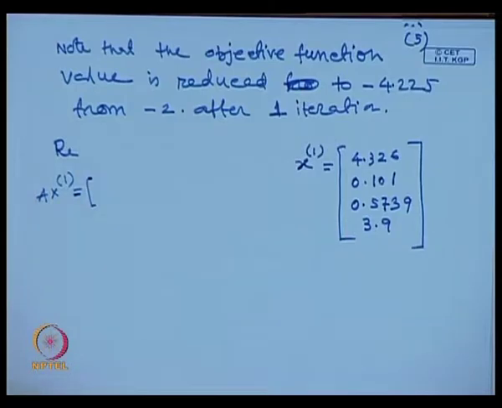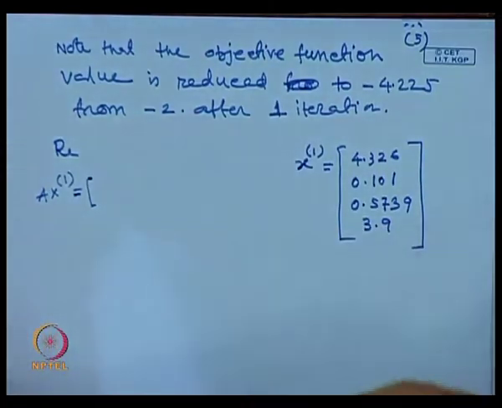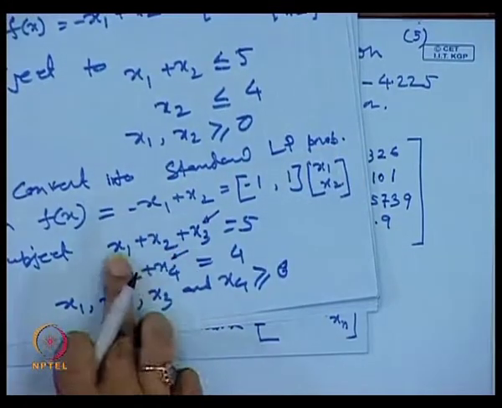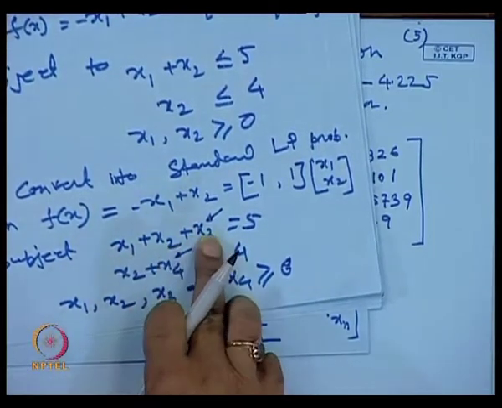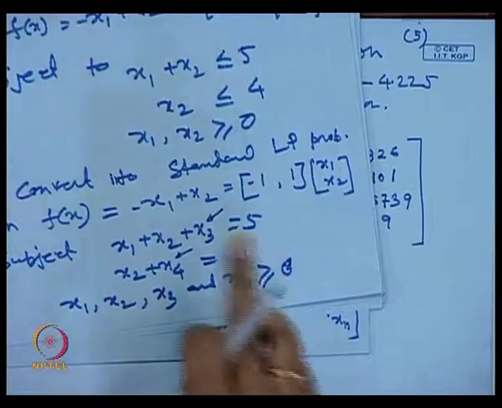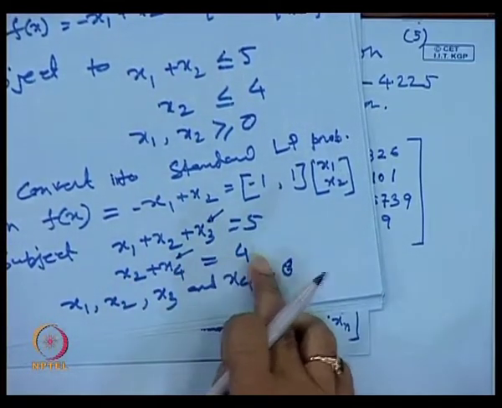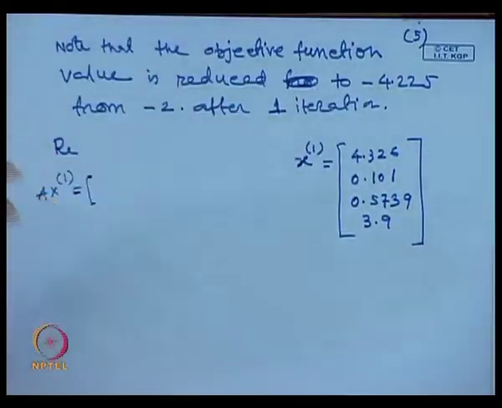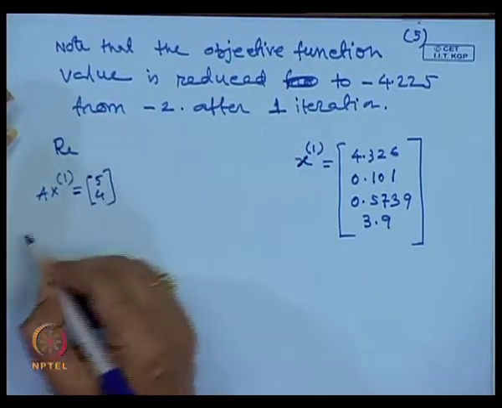I will just show you, that will be 5 and 4. This is our equation after converting to standard form. If you put the values of x 1, x 2, x 3 here, you should get 5, because it is an interior point. If you get 5, and in this equation you get 4, it indicates you are inside the feasible region. So, one can check that this will be 5 and 4.